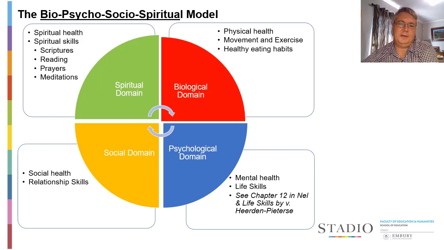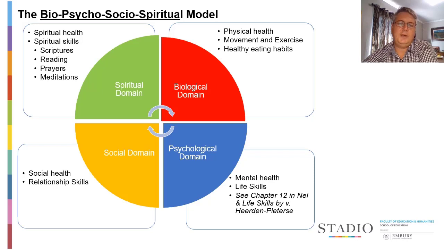Or we can speak about the cognitive, affective, and psychomotor domains. But he has a slightly more elaborate scientific model here. Although not too difficult, it's pretty straightforward, and it's a model for health and health development.